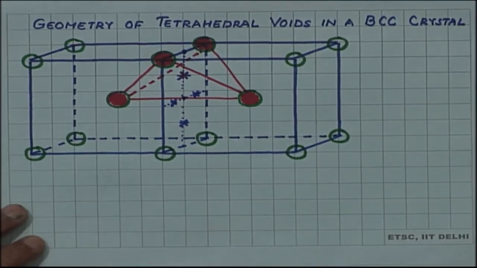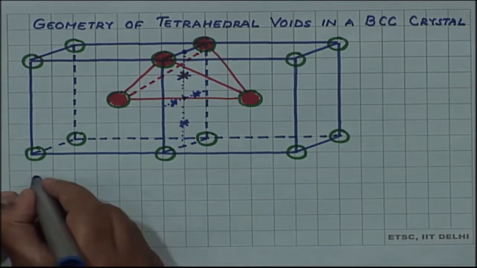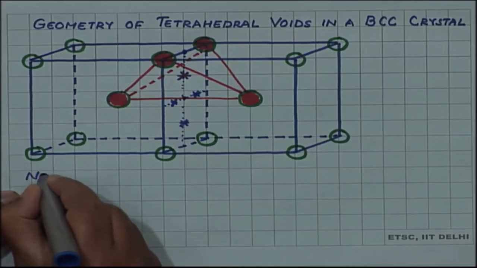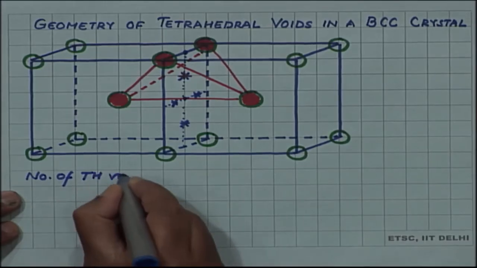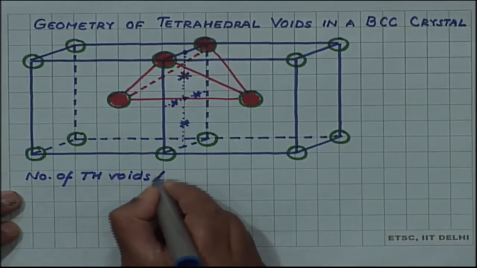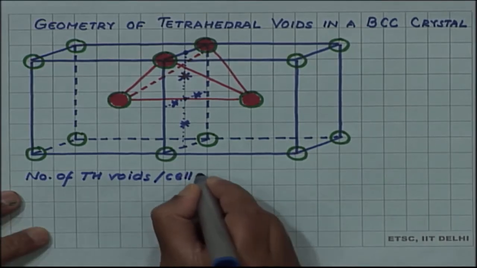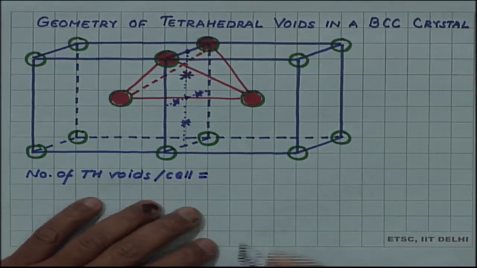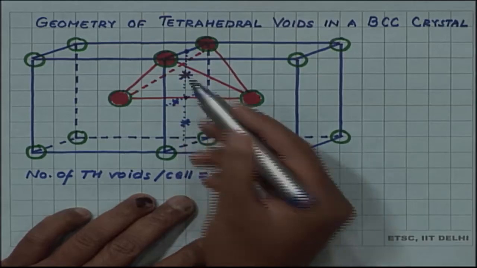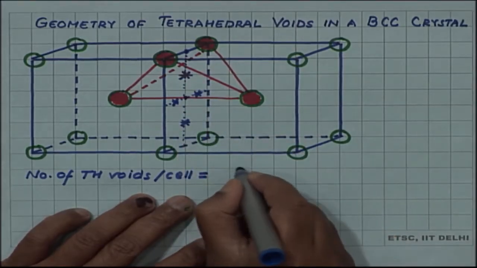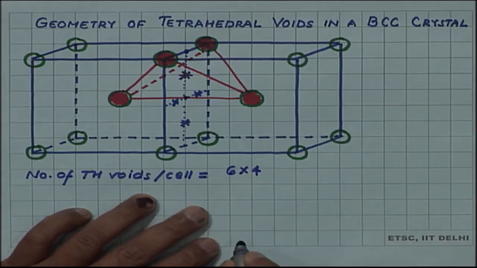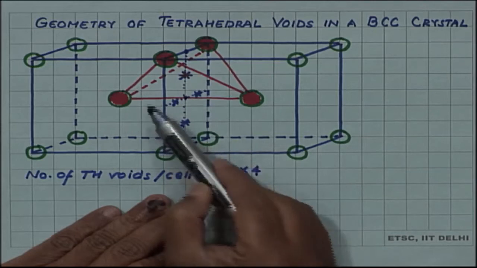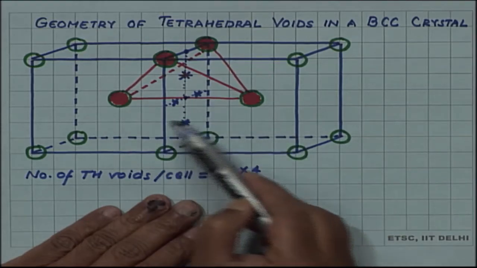So, you can count the number of tetrahedral voids per unit cell. We have 4 voids on each face and there are 6 faces. So, we can say 6 into 4. But each void, you can see the void which we have drawn, is shared between 2 cubes.